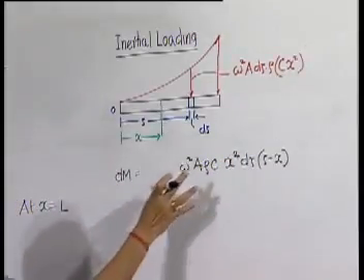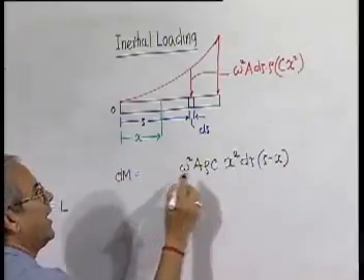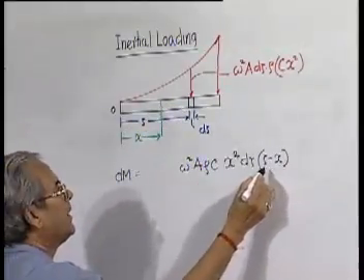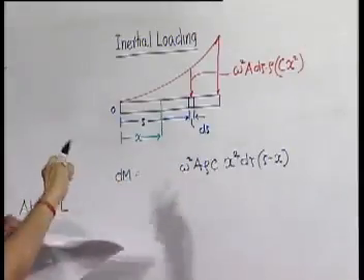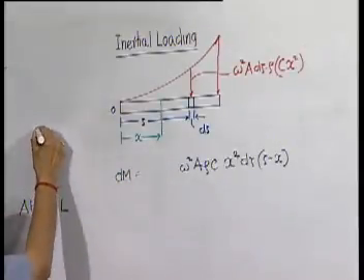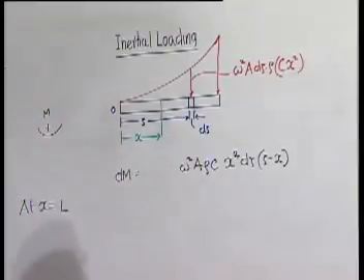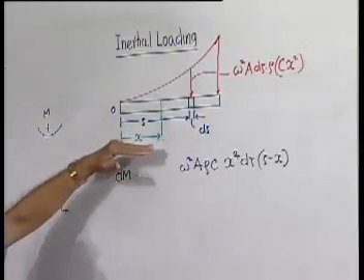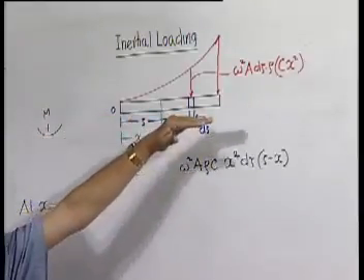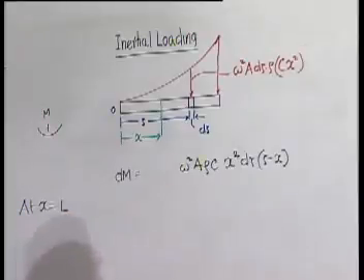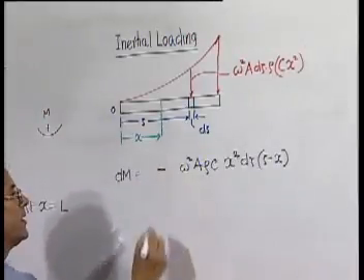So this is a force, the inertial load, and this is the distance. So this will be the moment, and since our positive direction of moment was like this, for that the slope of the neutral axis as x increases gradually decreases. Here it will be gradually increasing, so there will be a negative.